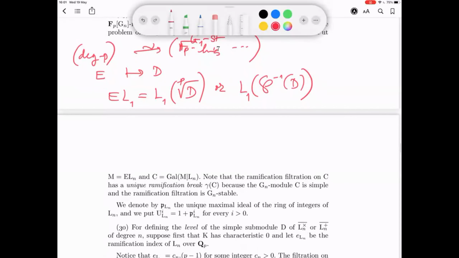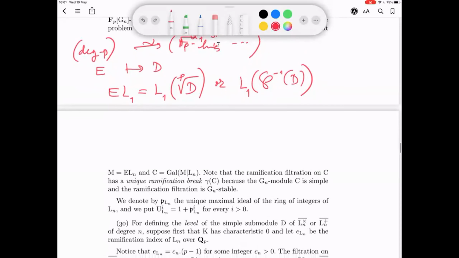You showed that, I mean, you have to start with a D here, and you have to produce a unique E. Now okay, what can you do with this D?